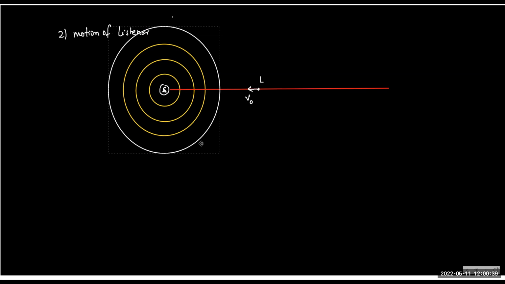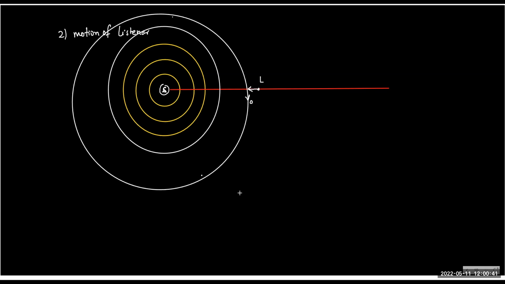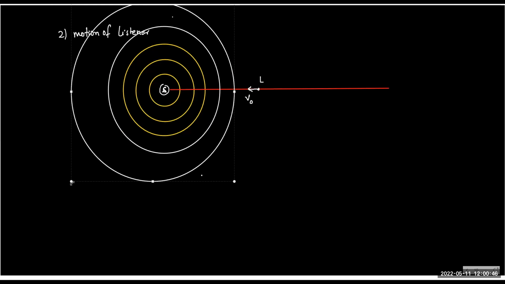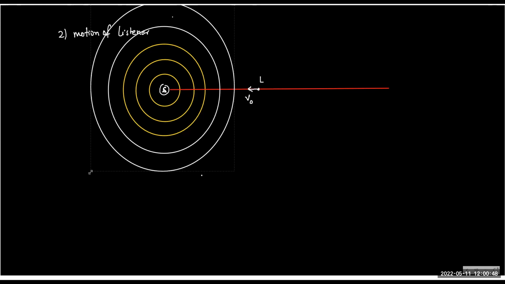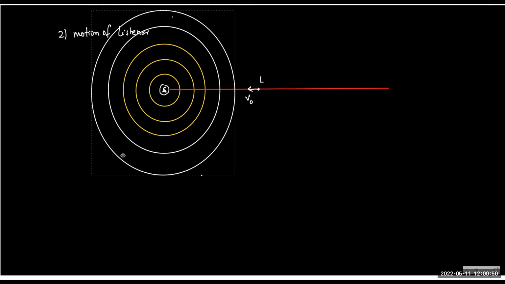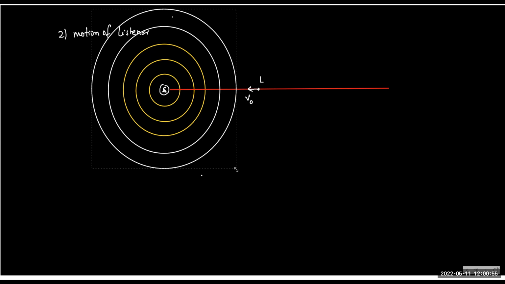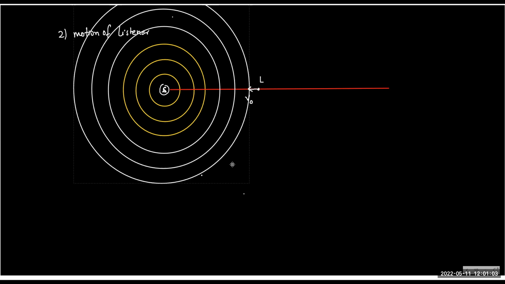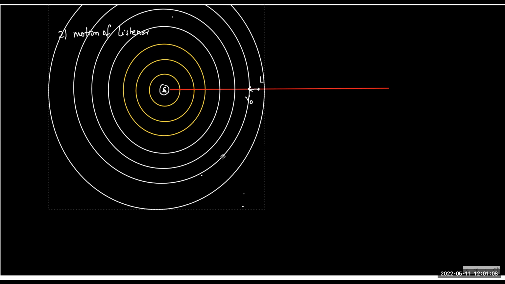We can extend this diagram further and further. Yeah, this is good enough.